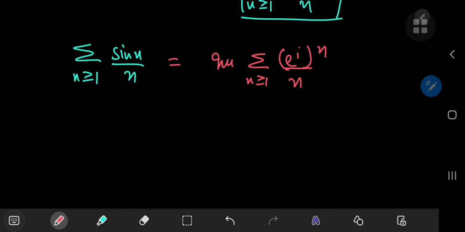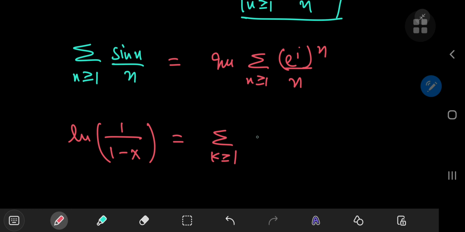And the similar result from calculus that I'm talking about is the fact that the natural logarithm of the reciprocal of 1 minus x equals the sum over the positive integers k of x to the k divided by k. And we can write this, using the properties of the logarithm, as negative log of 1 minus x.